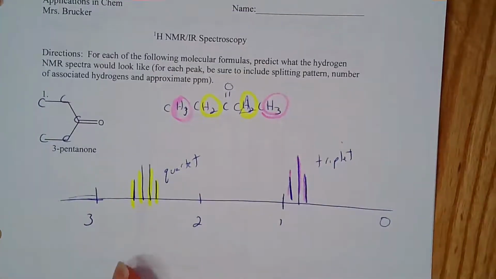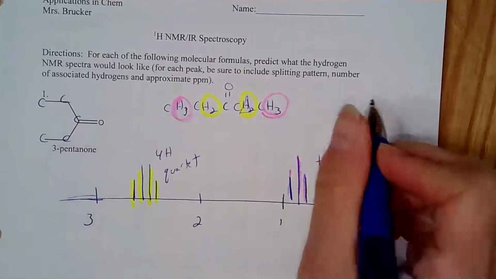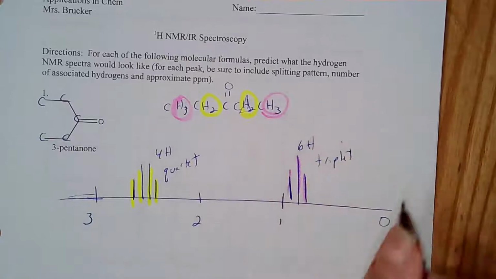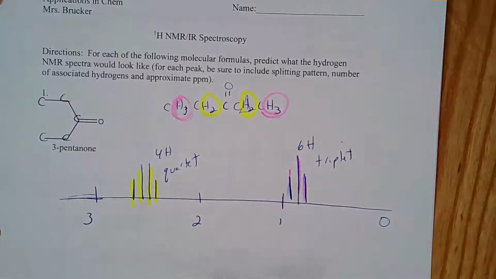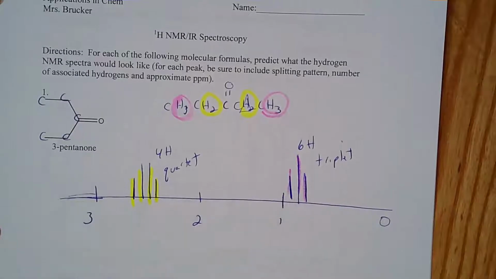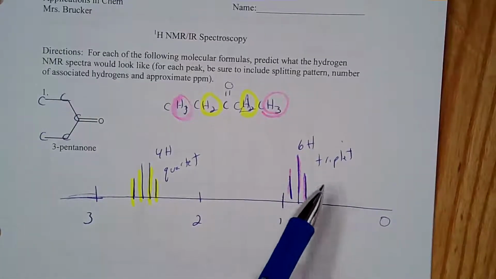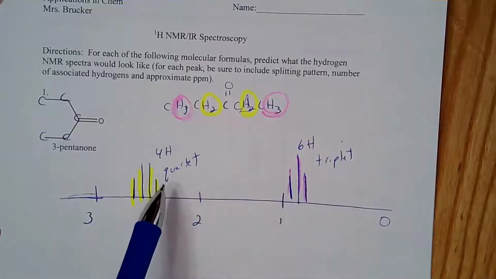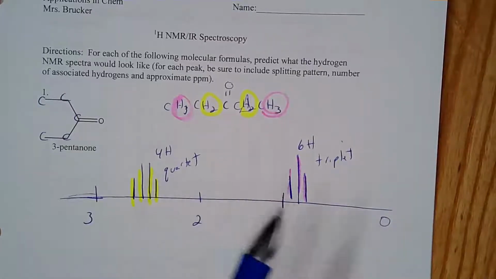Now, in terms of numbers, there are 4 hydrogens here and 6 hydrogens here, so technically your triplet should be slightly bigger. But depending upon the splitting, it's talking about the whole area underneath it. I'm just looking for the right splitting patterns and the right chemical shift.